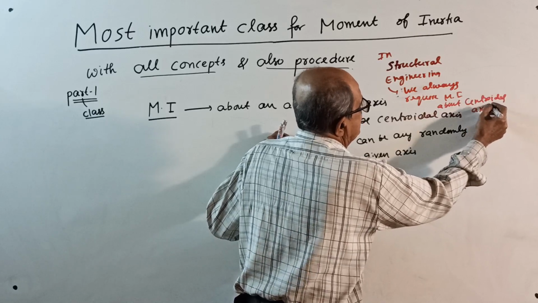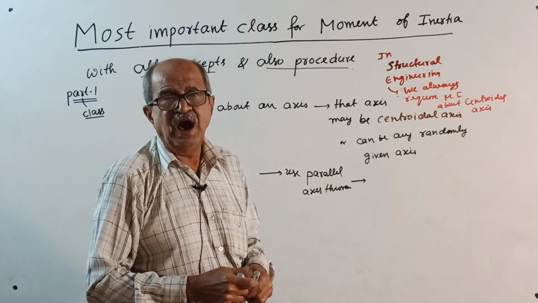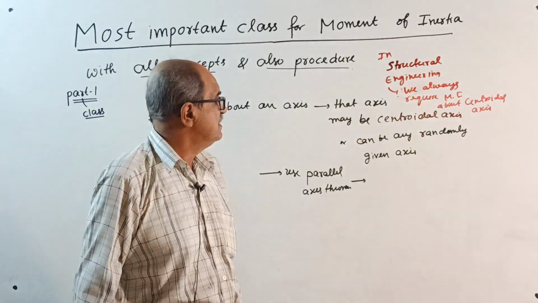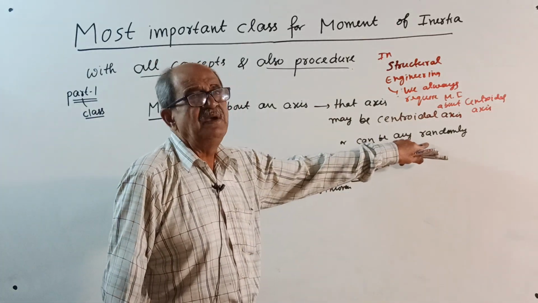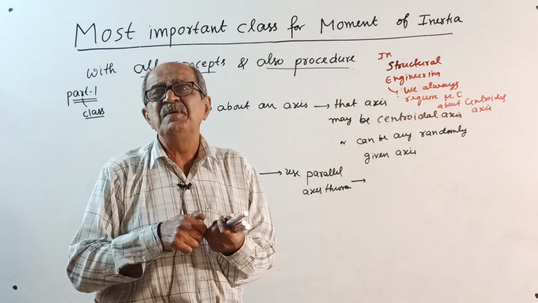That's all; from a structural engineering point of view, we always require the centroidal axis. Then somebody will ask, why a randomly given axis? See, I told you, academic questions.